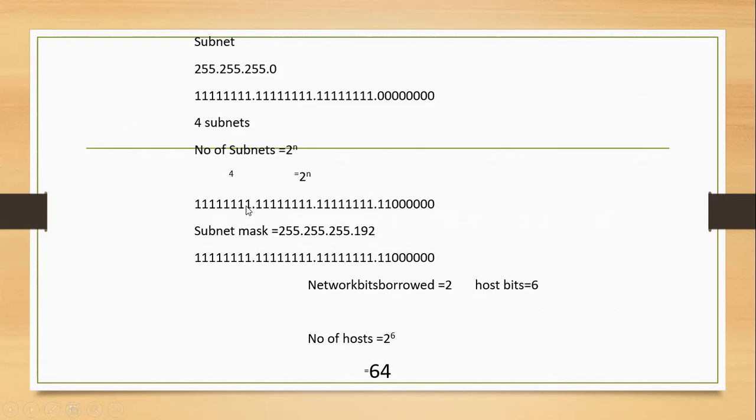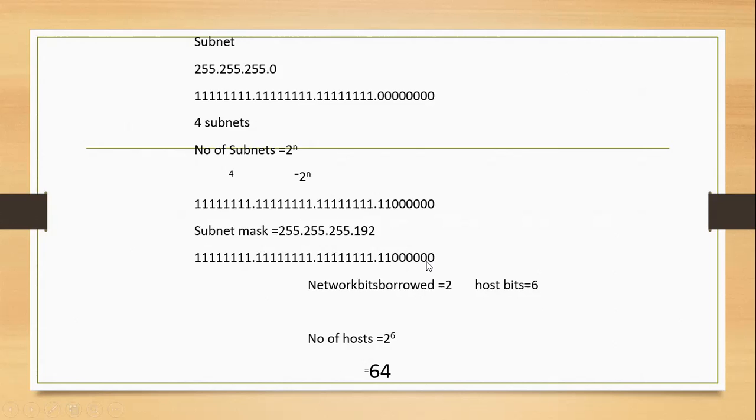The mask is 255.255.255.192. So it is the subnet mask. There are 2 network bits borrowed, so the host bits are 6.